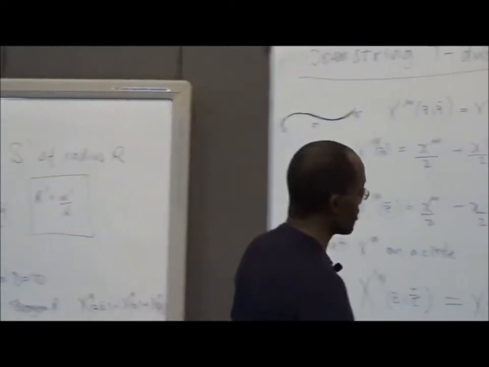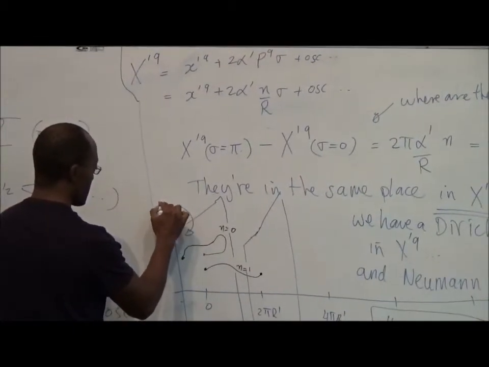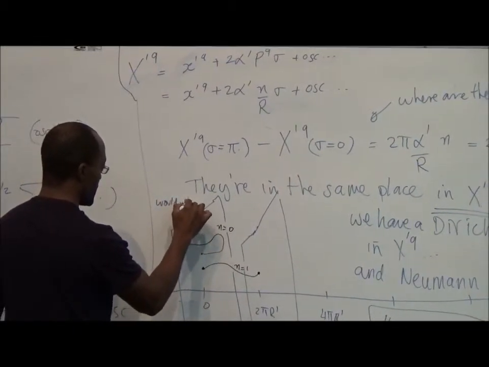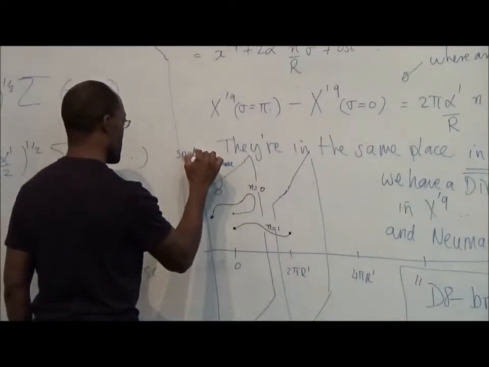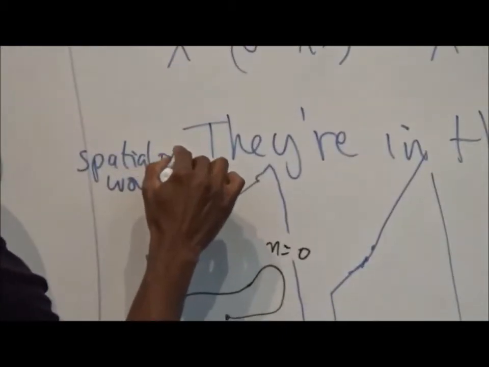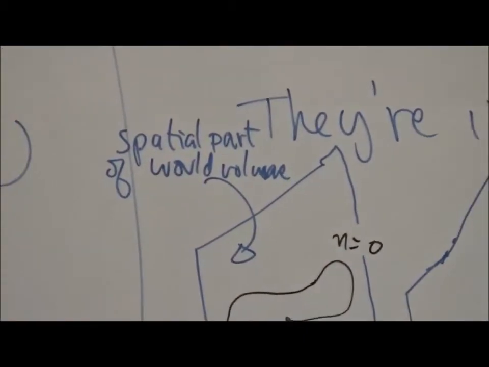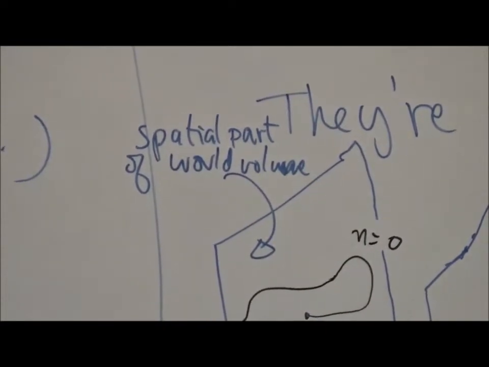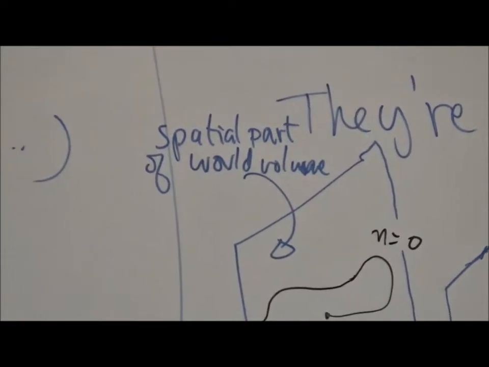So this is the world volume of the object. Or really, this is the spatial part of it. And it's 8-dimensional. So it's an 8-dimensional object we've just defined in that way. Are there any questions about that? This is the language.